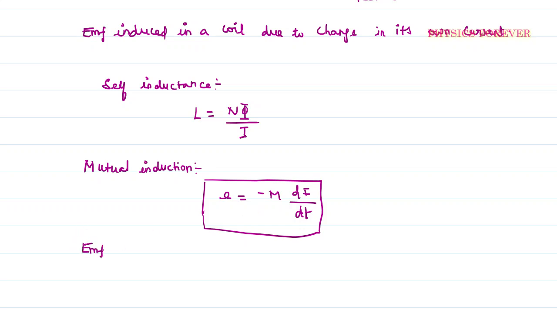Similarly, how to define it? For mutual inductance we have to use two coils. The EMF is induced in one coil due to current change in another coil.